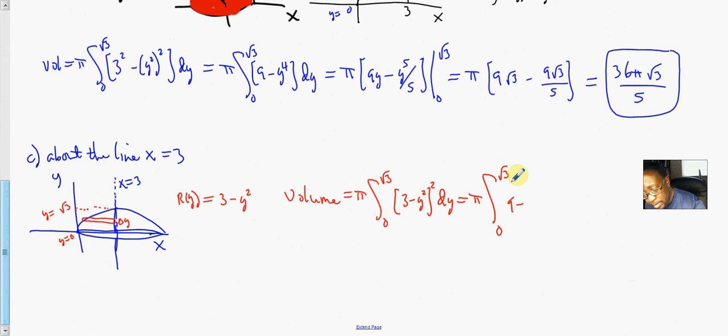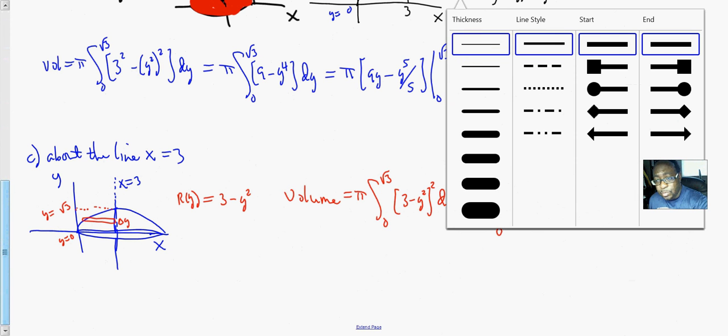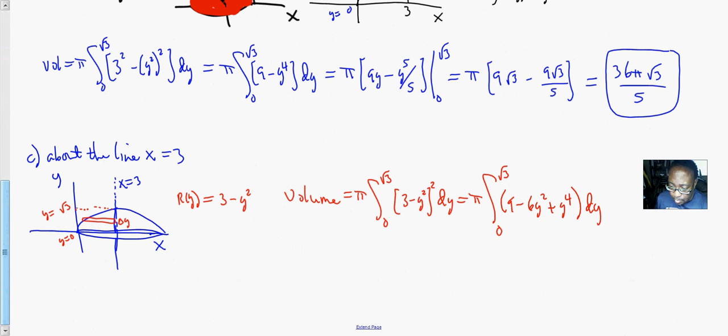This is 9 minus 6y squared plus y to the 4th dy. So we integrate.